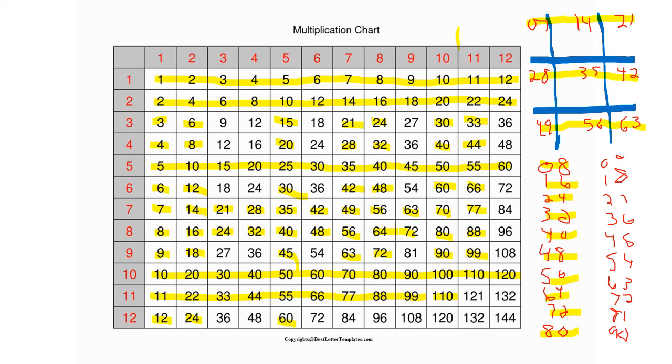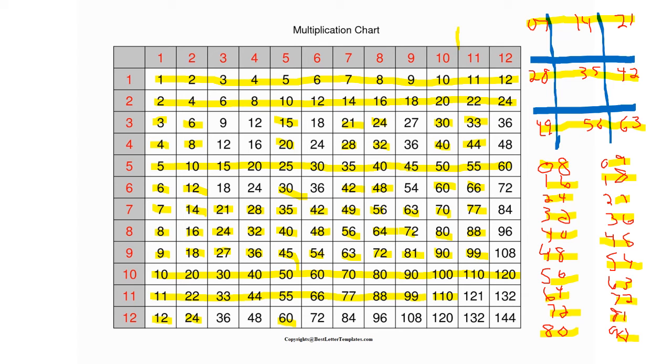That creates our 9 facts with relative ease. So now we know the 9s: 9, 18, 27, 36, 45, 54, 63, 72, 81, and then 90. These 9s are all taken care of.